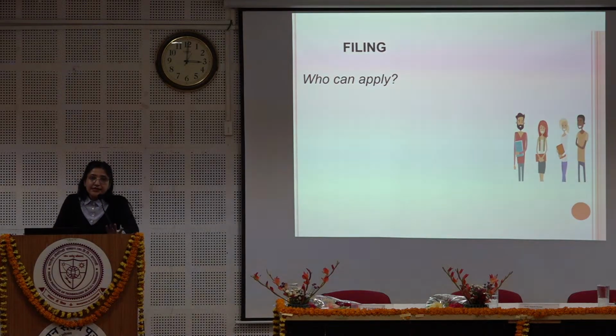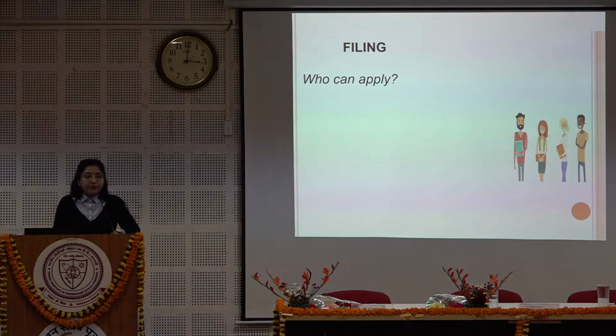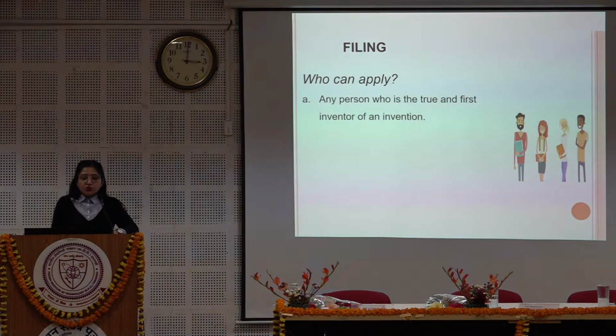Now, where exactly does one need to file the patent application? It all depends on, first of all, who can apply for a patent. Any person who is the true and first inventor of an invention. True and first inventor means if you are an inventor and it's your invention, you can file a patent.